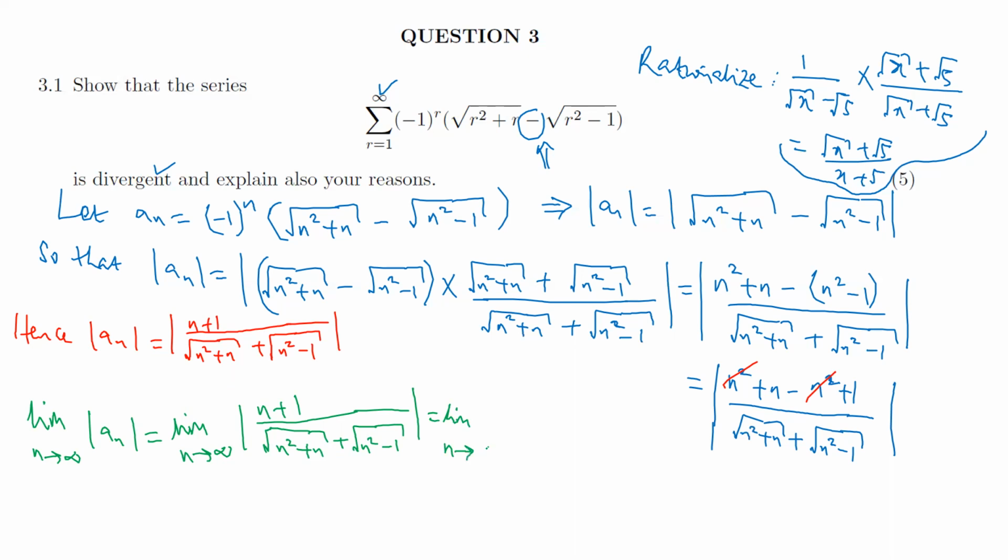One plus 1 over n. Okay, then you pull out n from the numerator. And then you pull out n from the denominator, which is, if you pull out n, but under the square root, you pull out n squared.